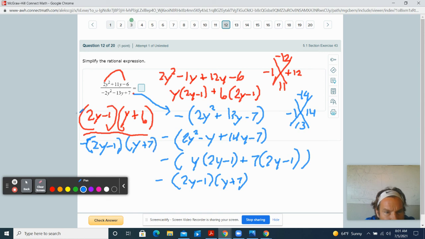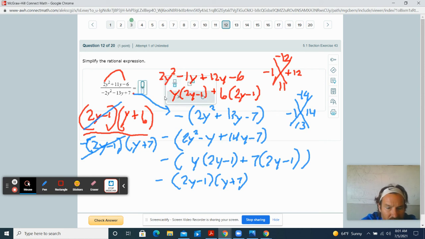So now this 2y minus 1 here cancels with this 2y minus 1 here. However, that negative stays there. So when we write our answer, we want to use y plus 6, and I don't really need to leave it in parentheses.